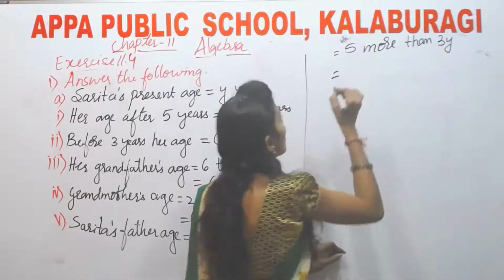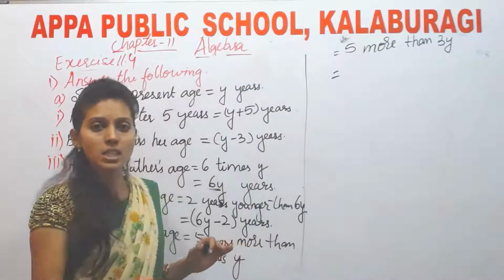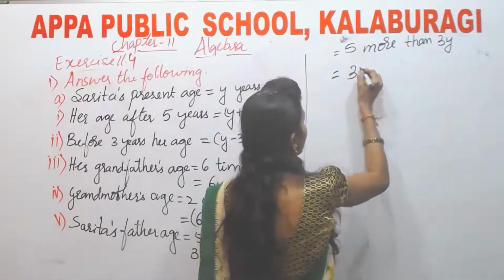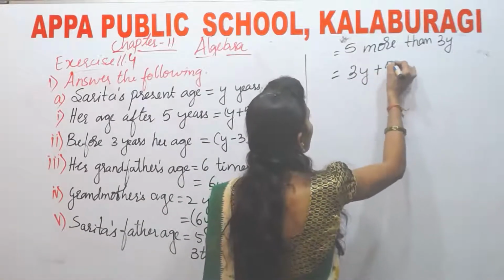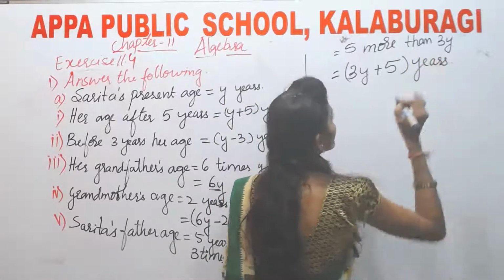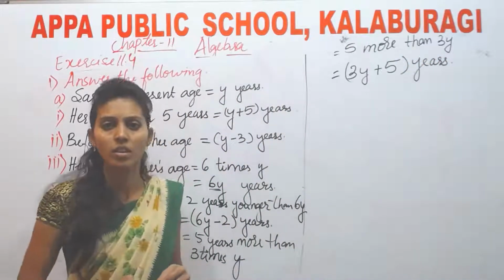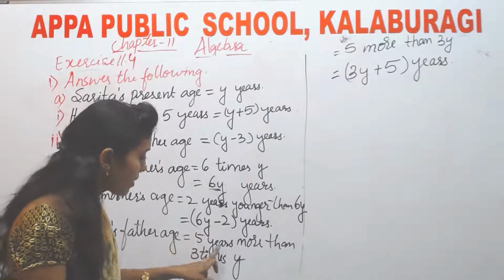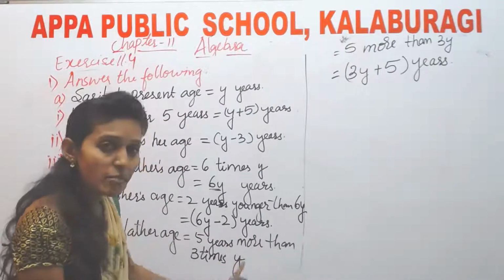Now, 5 more. More means we have to add that 5 to this one. So 3y plus 5 years.